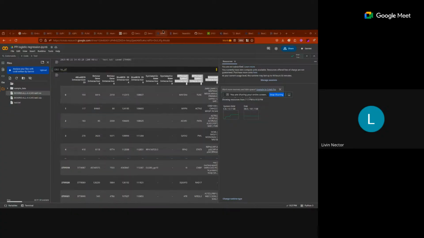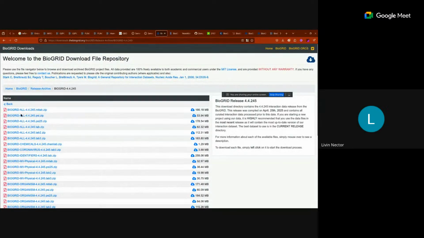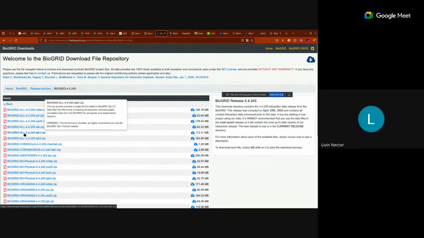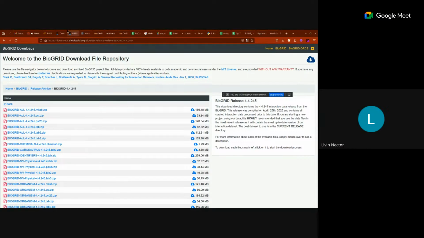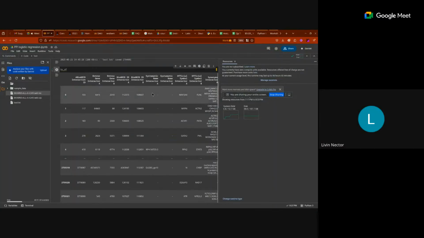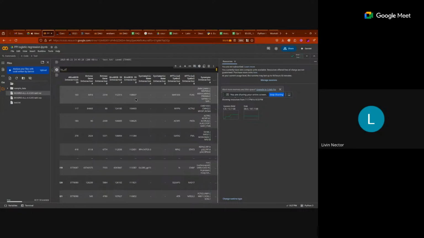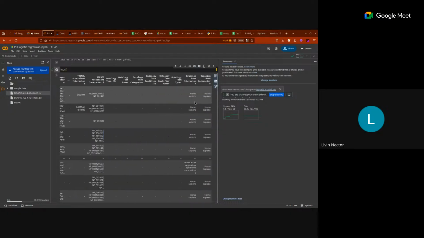BioGrid provides us with the protein interaction data. Downloading this tab separated CSV file here, and that's the main DF that I have loaded in here. So this has information about the protein interaction, the protein gene and the interaction things.